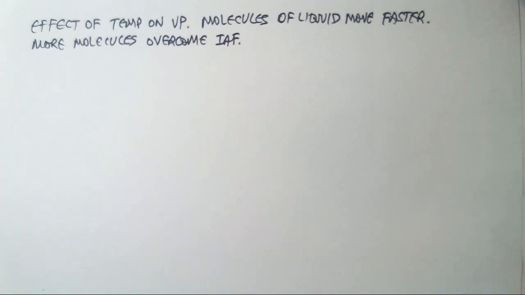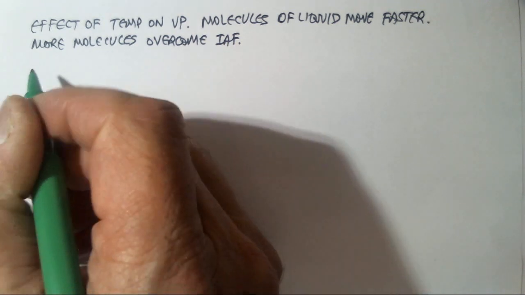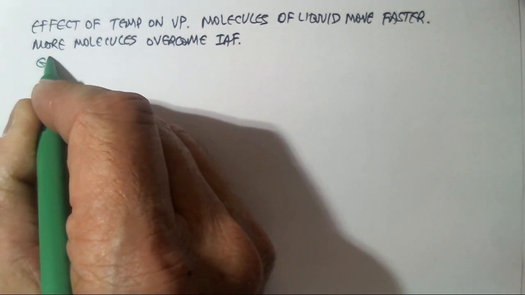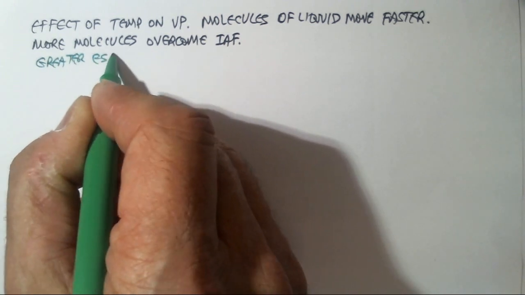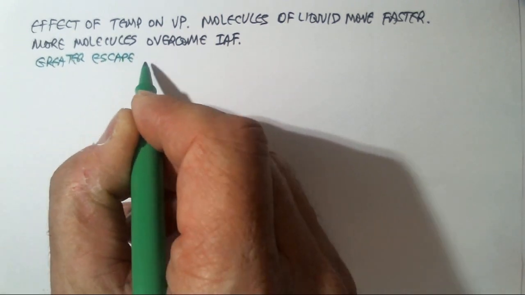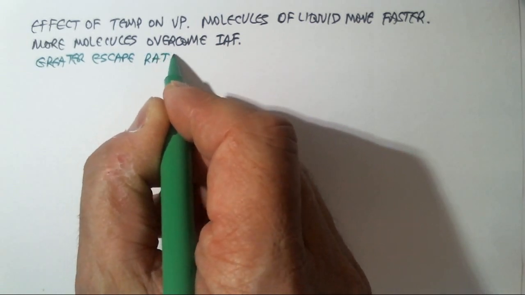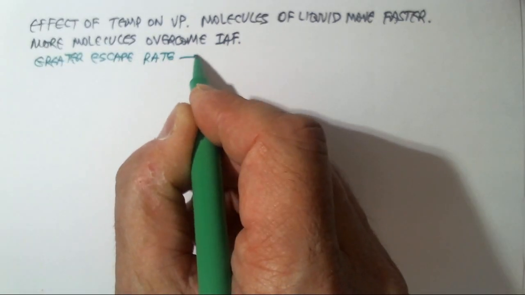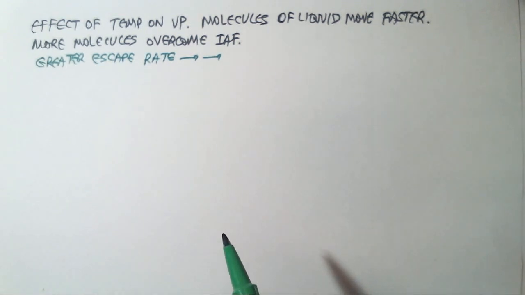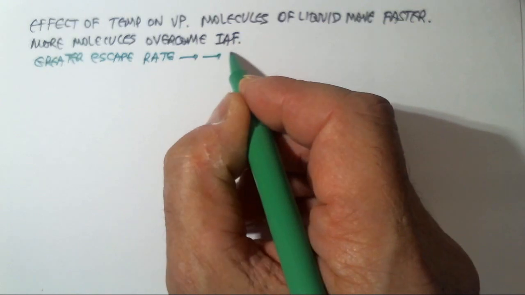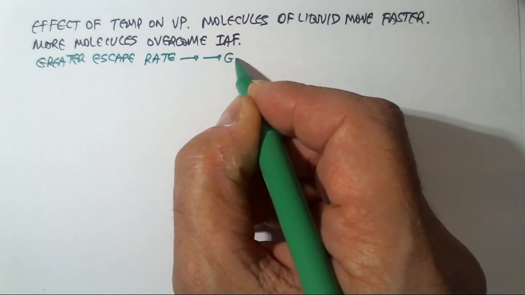So what happens? Well, what happens then is that you now have a greater escape rate. And if there's a greater escape rate, what does that lead to? Well, you've got more molecules in the vapor phase, so that means that there'll be more molecules returning, so that leads to a greater return rate.